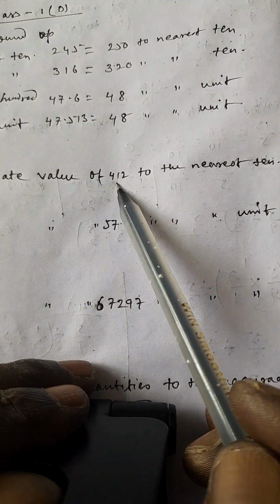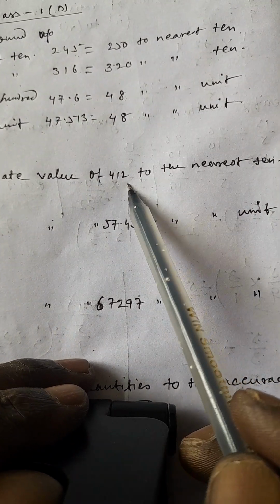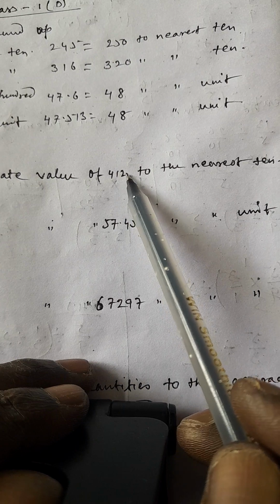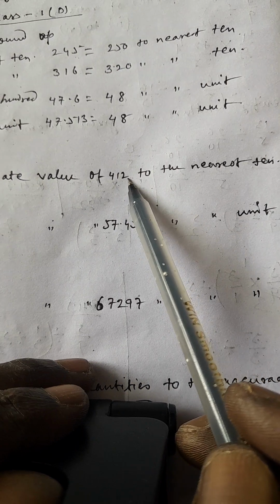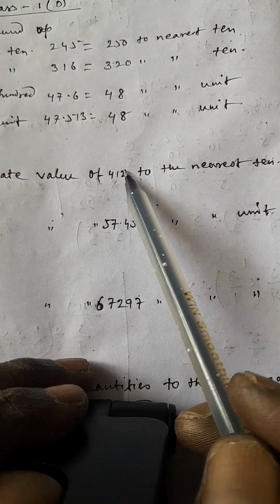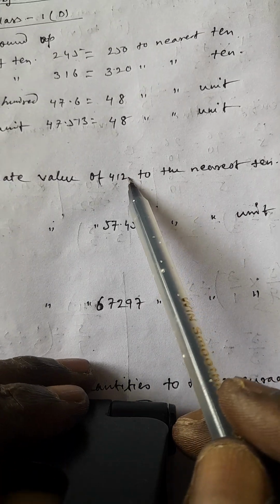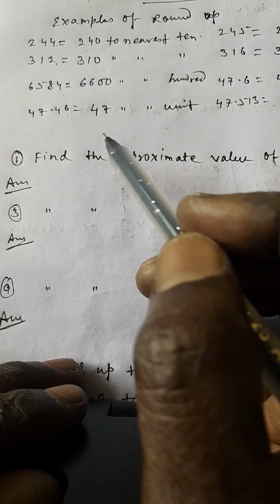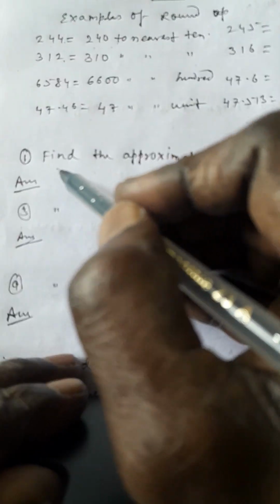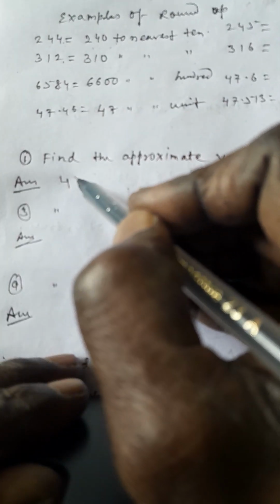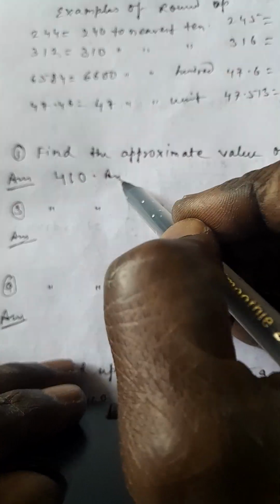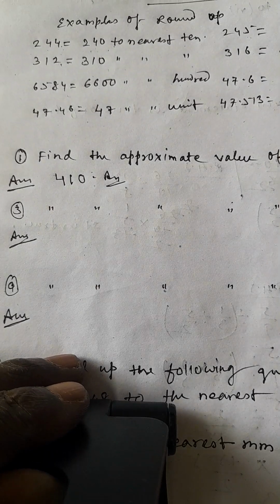Before it, the number in the unit place is 2, which is less than 5. So it cannot be increased, and it will be put here as 0. So the nearest value of 412 to 10 will be 410. Okay, so this is the nearest value.